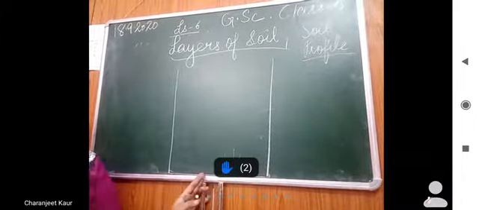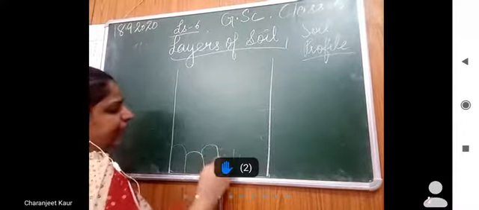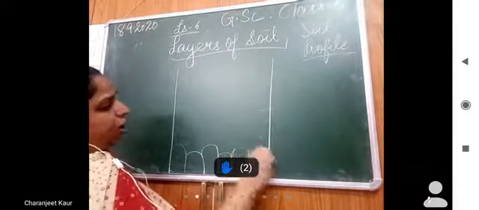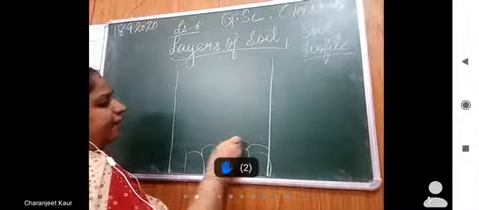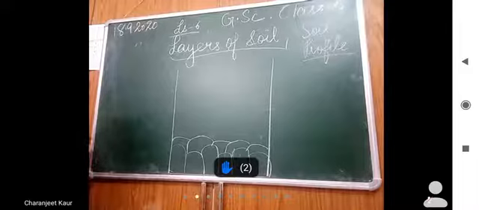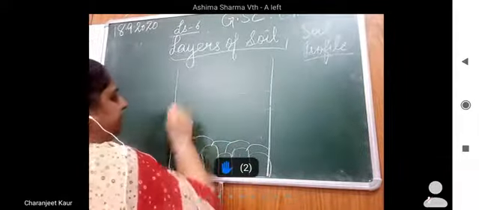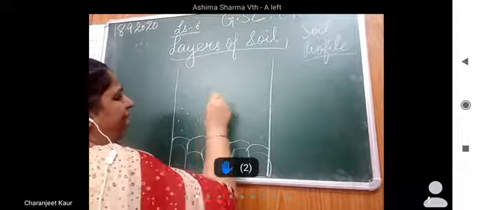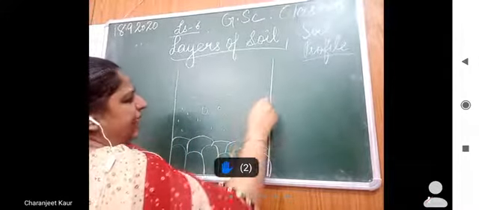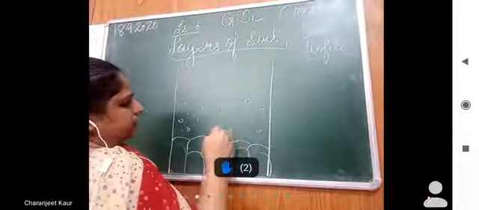At the bottom is the bedrock. Again you can say the rock layer which is heavier. Bedrock. Then comes the subsoil. In this, clay and sand particles are there, right?